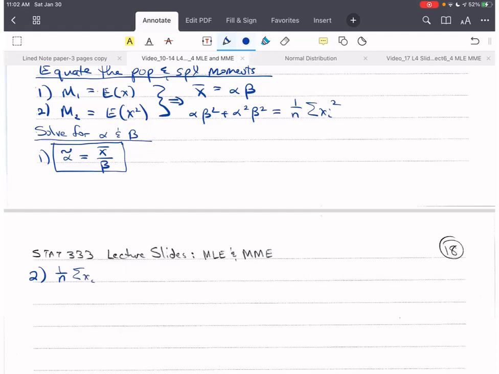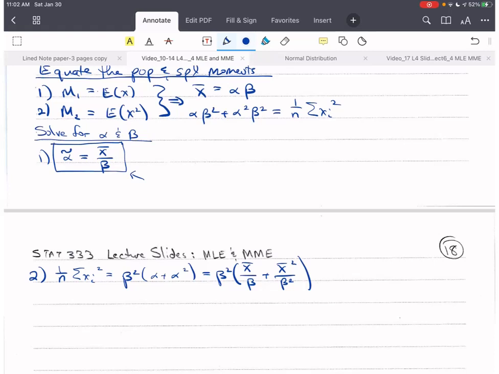Sum of xi squared is equal to beta squared alpha plus alpha squared. And now we're going to substitute in equation 1 here for alpha and make it alpha tilde. And so this is equal to beta squared, we've got x bar over beta plus x bar squared over beta squared.